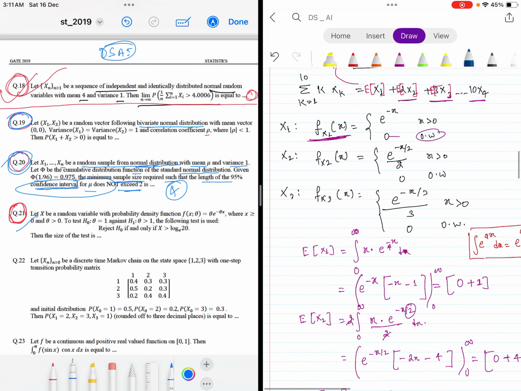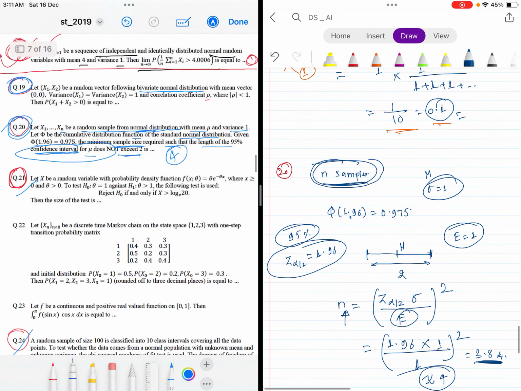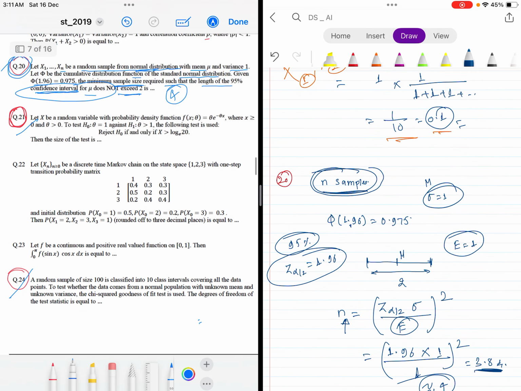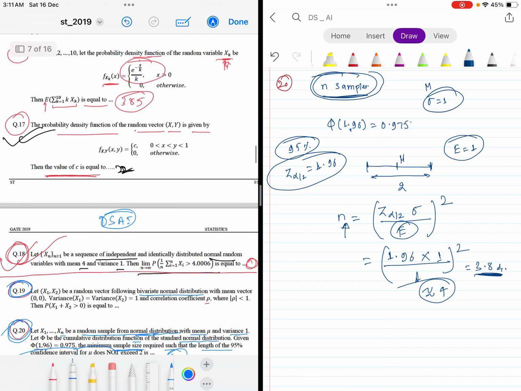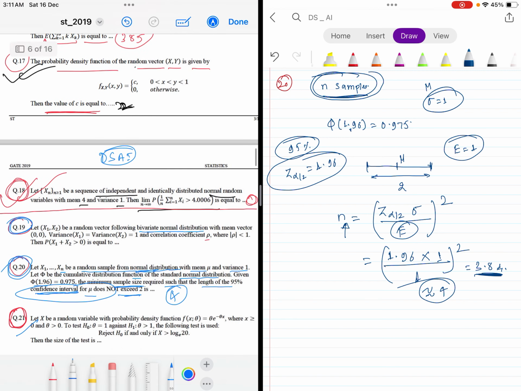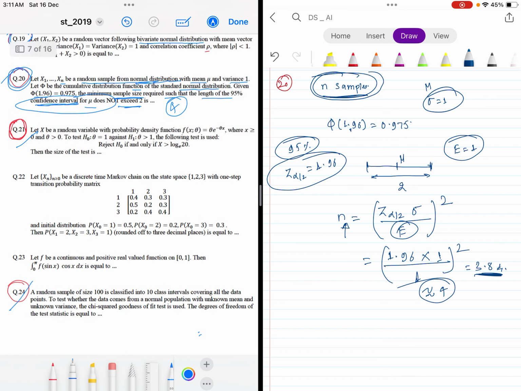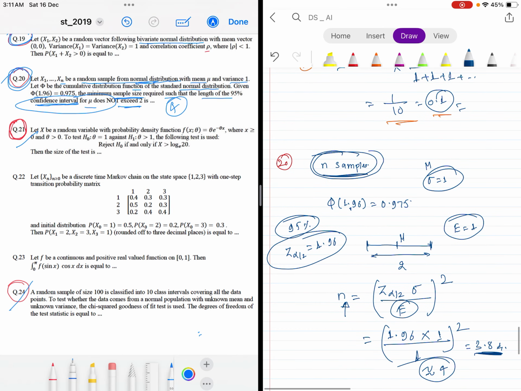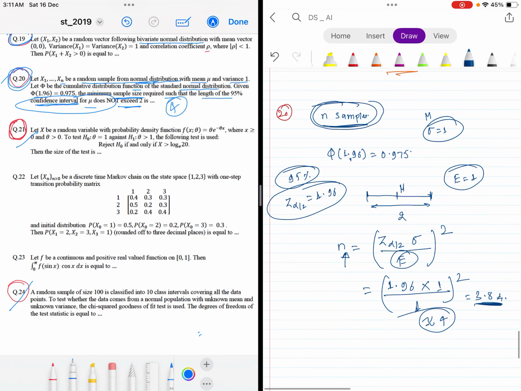So in one paper we have done these, and I have left many questions, right? You will find a lot of probability and statistics questions from this paper, so you can keep this in your bucket for revision. The quality of the questions is very good, and you can expect that this kind of question may be asked, right?